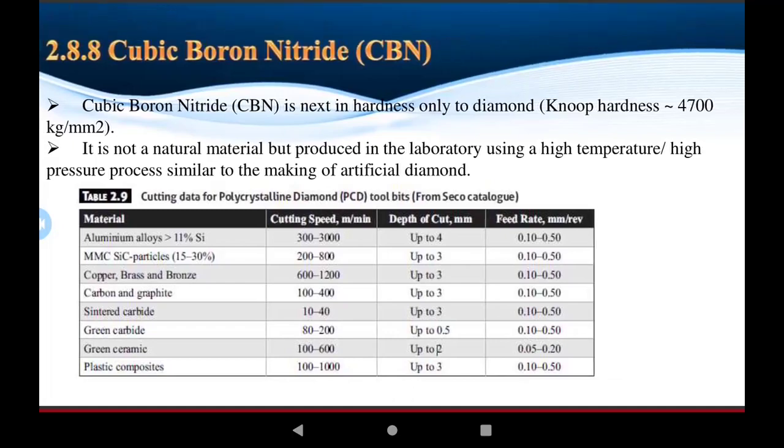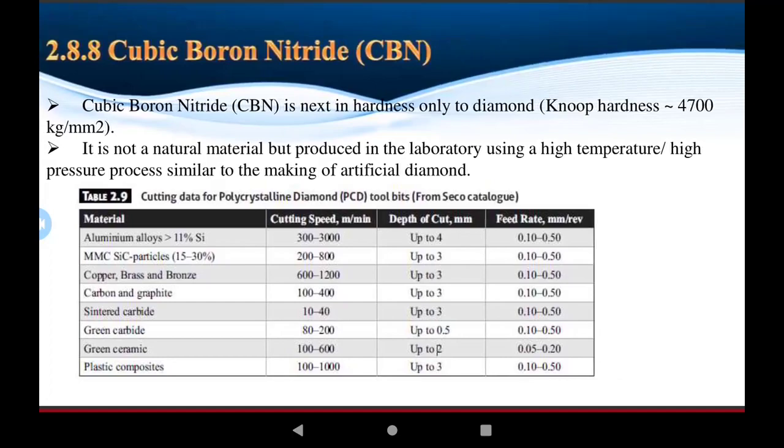The cubic boron nitride material is also very popular and very hard. Similar to diamond, the hardness of cubic boron nitride is 4700 kilogram per mm square.